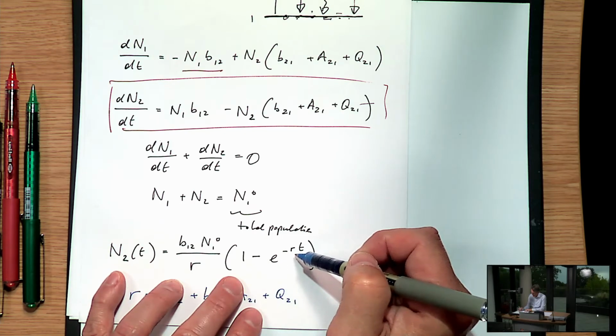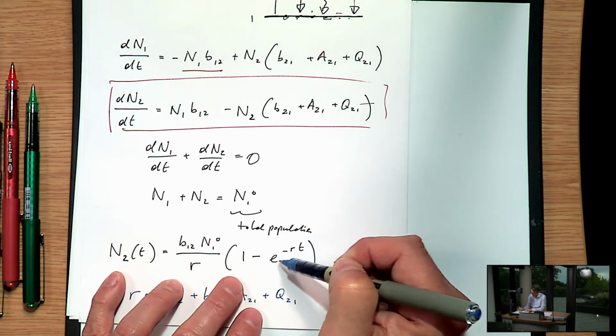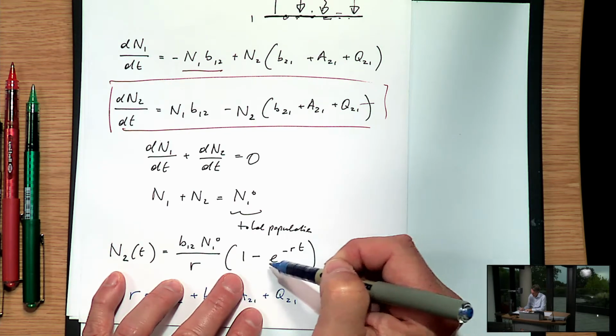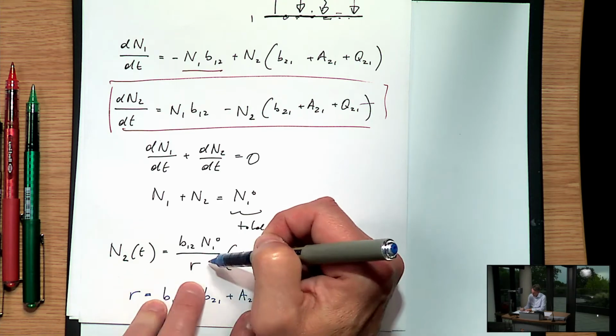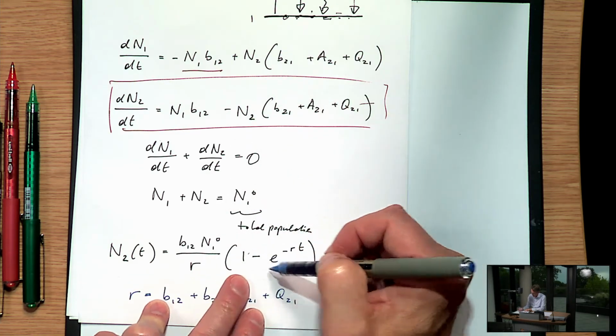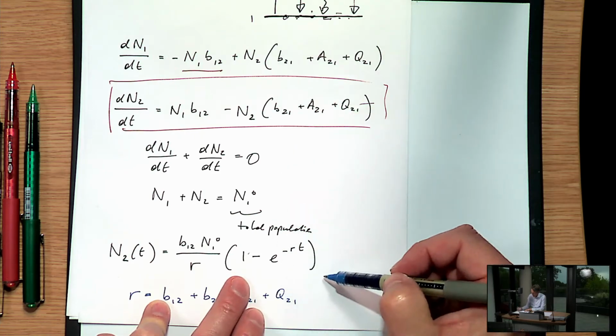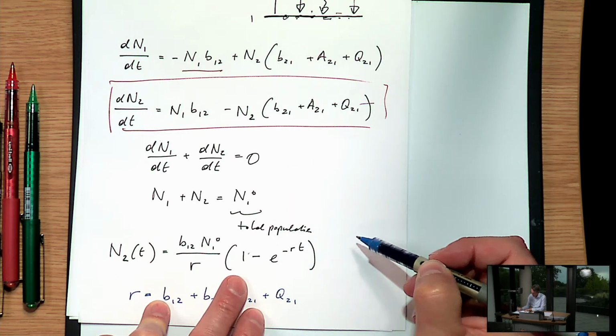Then t increases. This term is now becoming less than 1, and so you get a positive term, and so the population will rise in time.